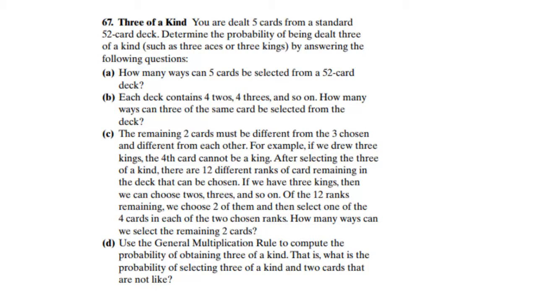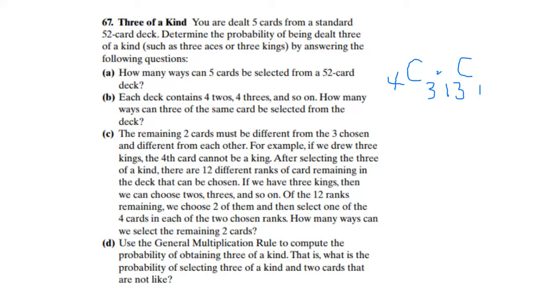Okay, so I'm going to say that this is 4 choose 3. That gives me the suits. And then I have 13 choose 1. And this is a multiply that's right there. Now that gives me the 3 of a kind.